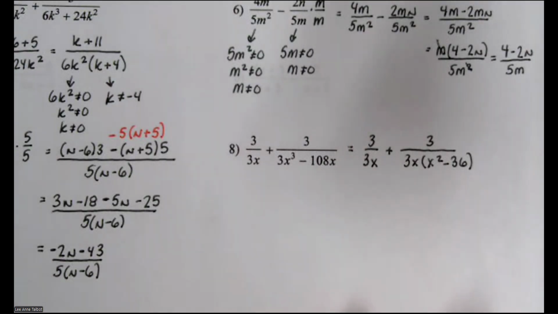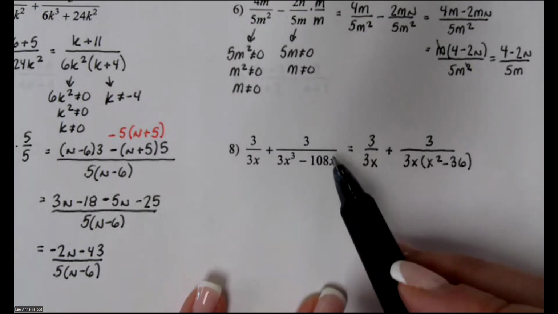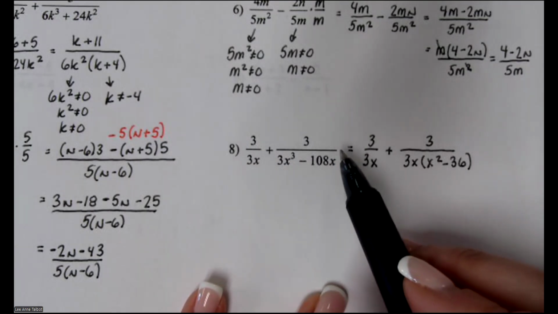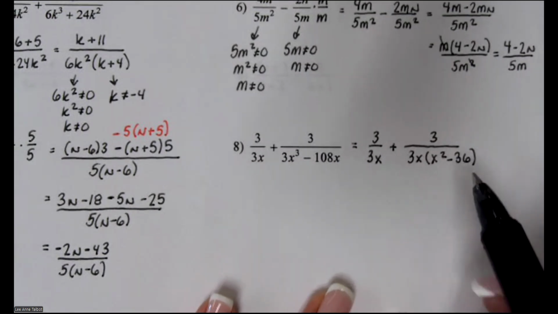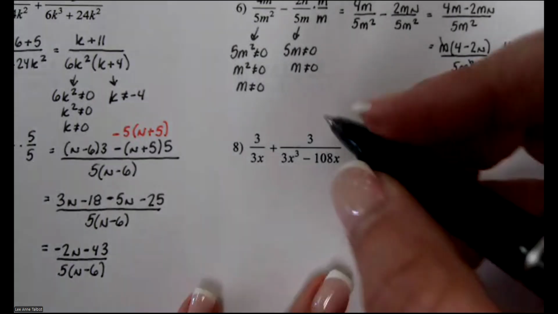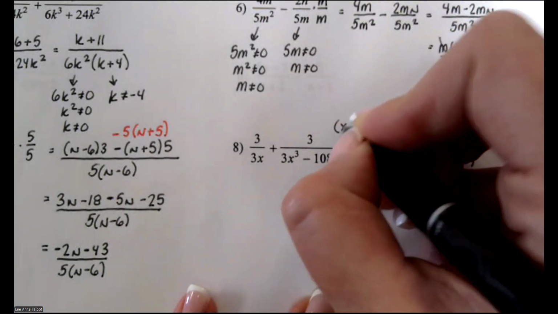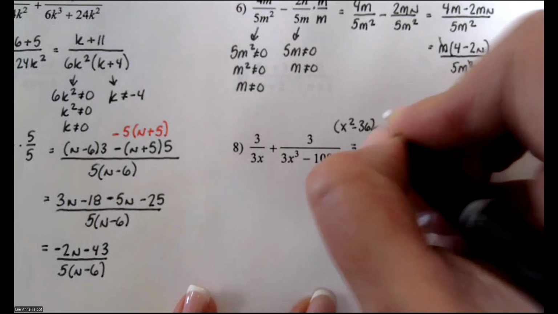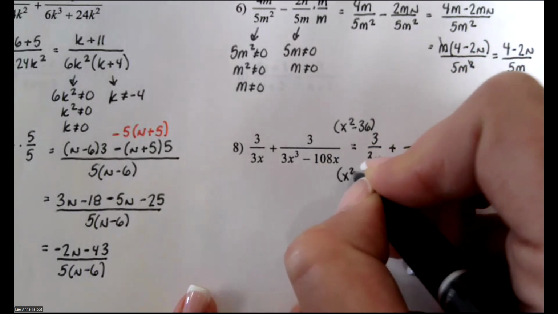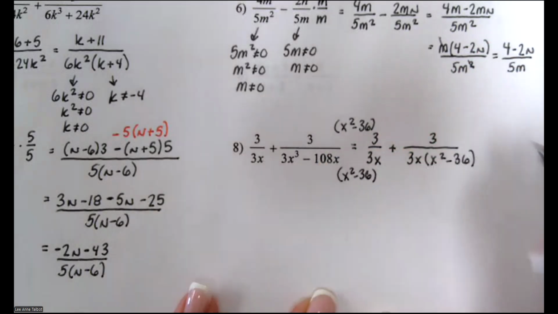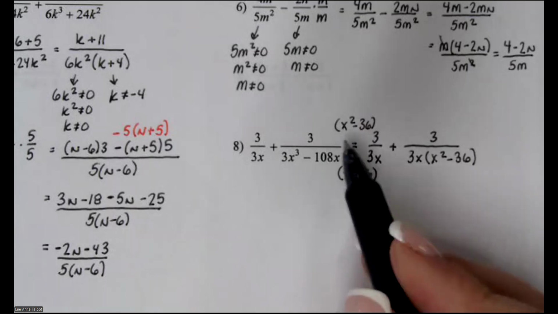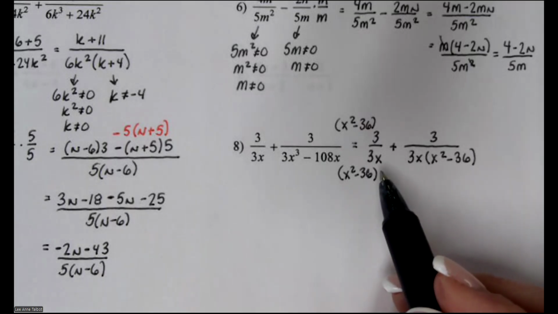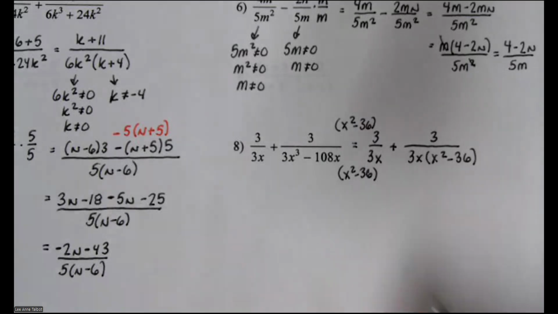Okay, now you have some options right here. I'm going to multiply this side by x squared minus 36 over x squared minus 36. So I'm going to come back over here and go x squared minus 36, x squared minus 36. Do you guys see that it only needs that part because it already has the 3x? Okay.